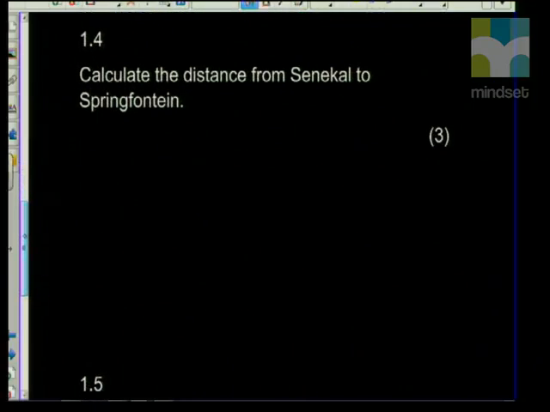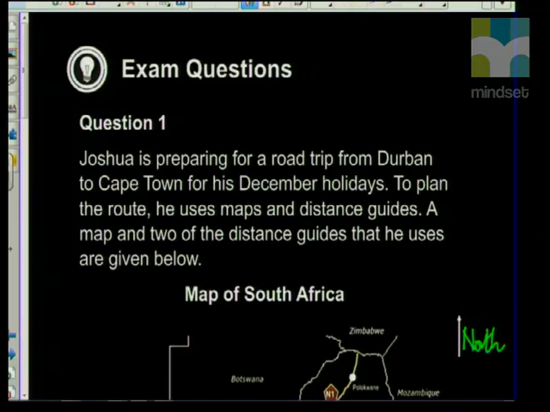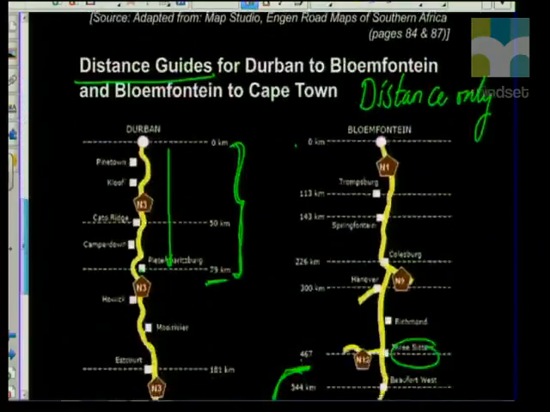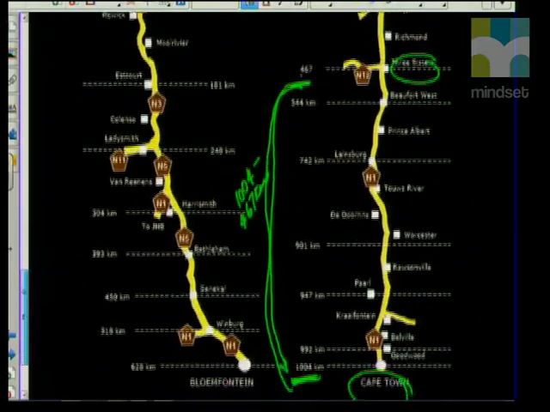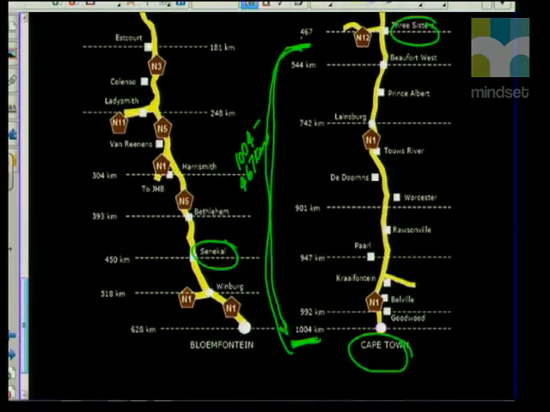Right, the next one is question 1.4, and we need to calculate the distance from Senekal to Springfontein. I think we need to first of all identify where Senekal is and Springfontein because they're not well-known places. So let's go back to our distance map. Okay, I've found Springfontein is over here and Senekal is over there.